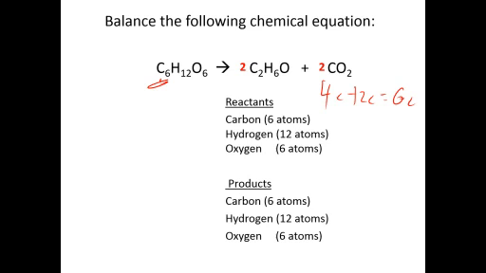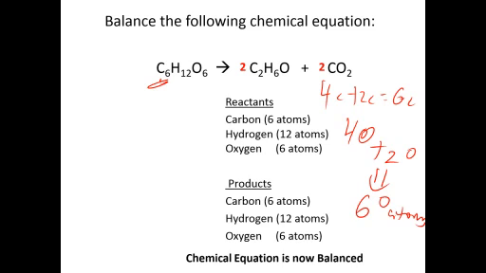So 4 oxygen plus 2 oxygen gives you 6 oxygen atoms. Now the number of atoms you start with is balanced with the number of atoms you have in your products. So now your equation is balanced.